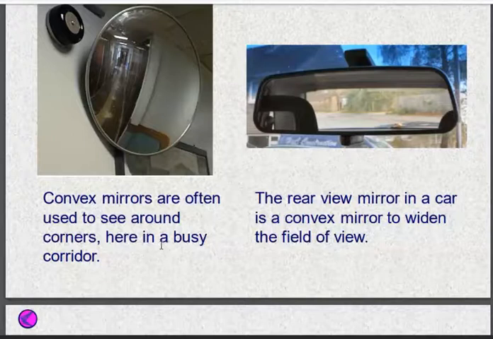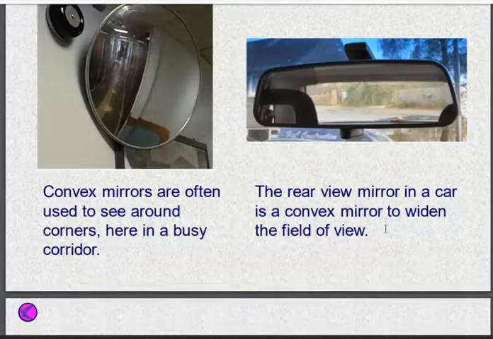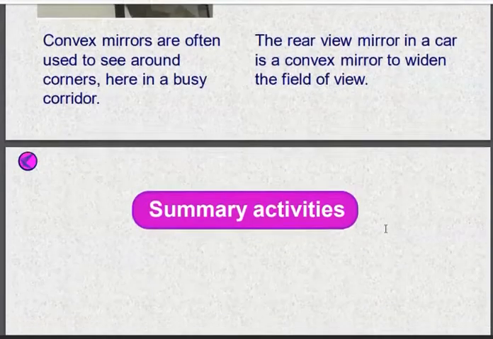Here in a corridor, a convex mirror has been used to see the corners. The rear view mirror used in a vehicle, in a car, is a convex mirror to widen the field of view.